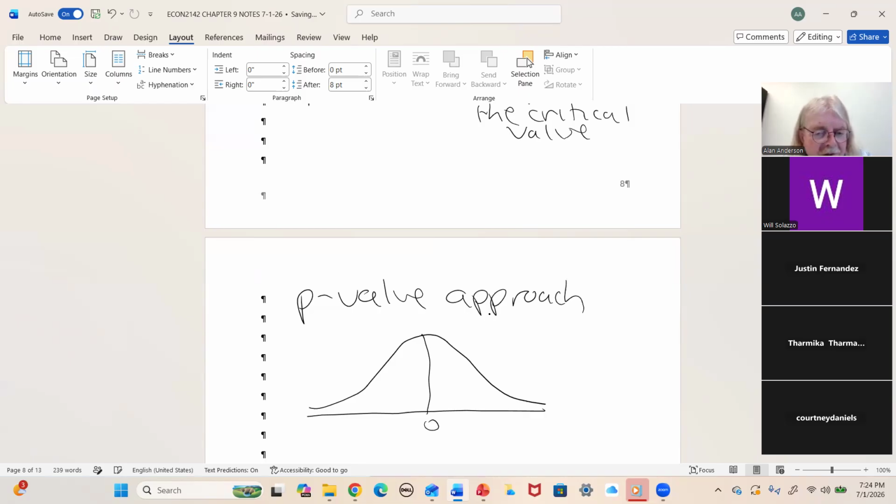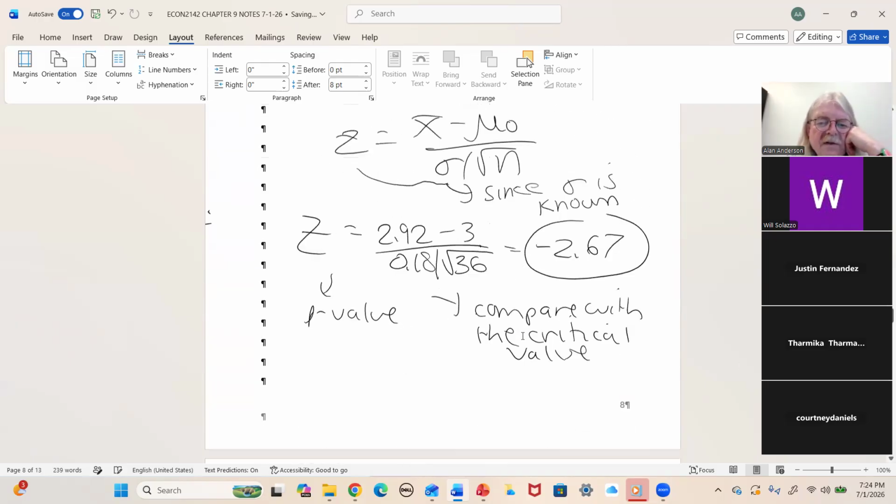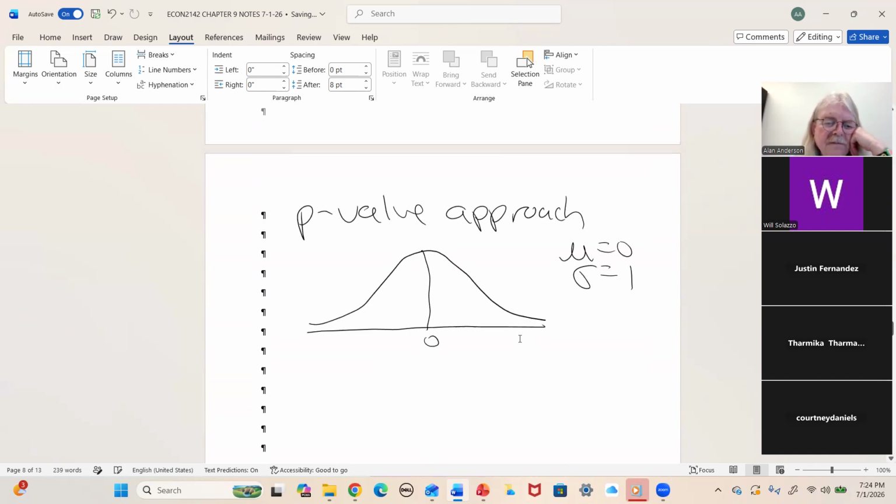So now remember, this is the standard normal, which means, of course, we use a z to represent it. The mean is 0, and the standard deviation is 1. And they've given us a test statistic value of negative 2.67.